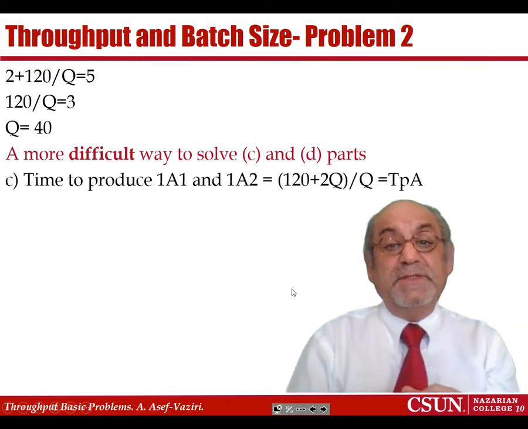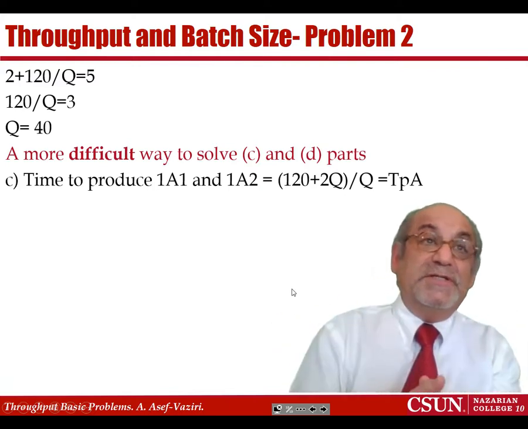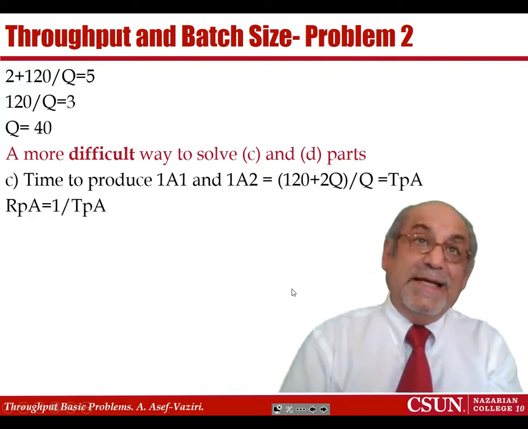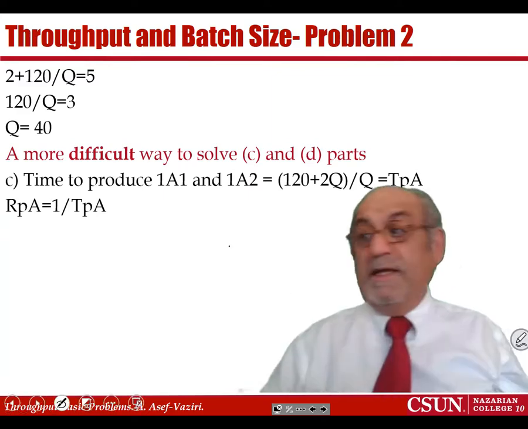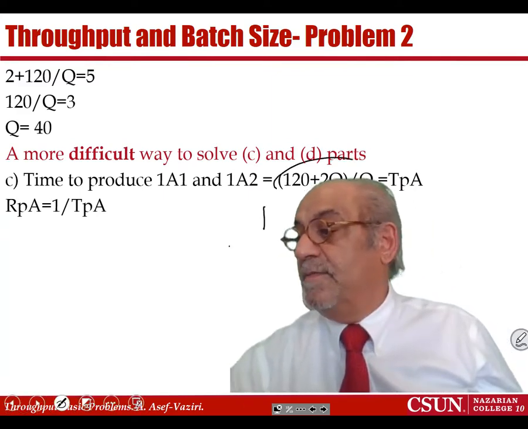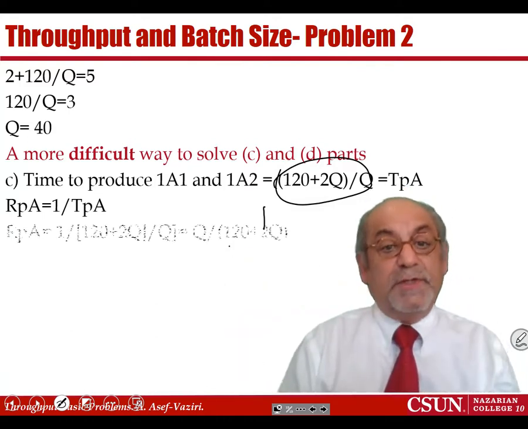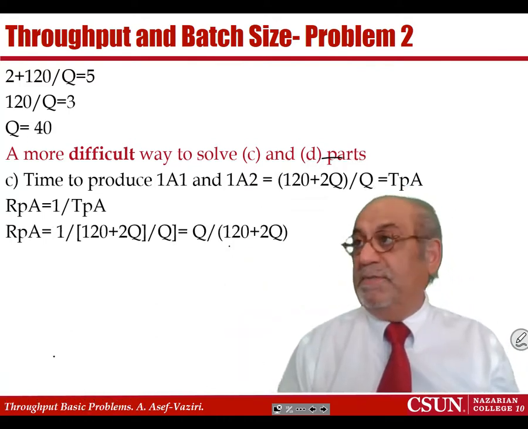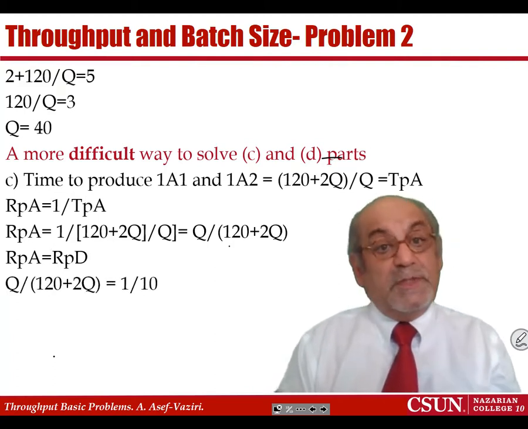That is the time that you need. If you divide it by Q, that will give you the TP. But 1 divided by TP is RP. Therefore, if you divide 1 by this, you will get the reverse, and that is your throughput: Q divided by 120 plus 2Q. And then throughput of the two should be equal to each other.